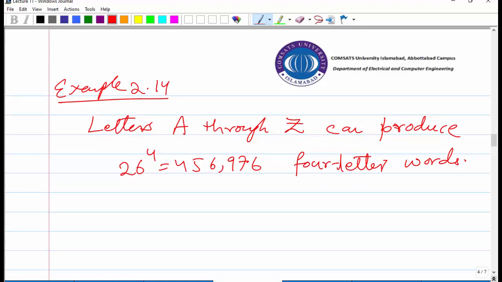Okay, so let's see another theorem, 2.6.